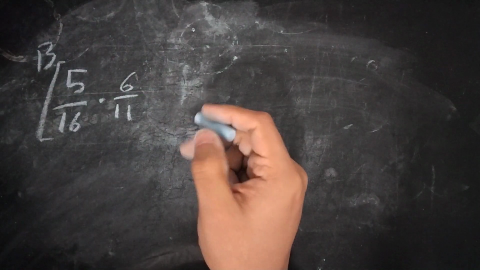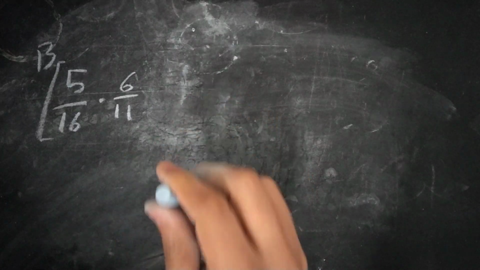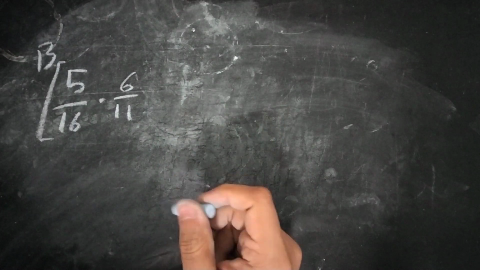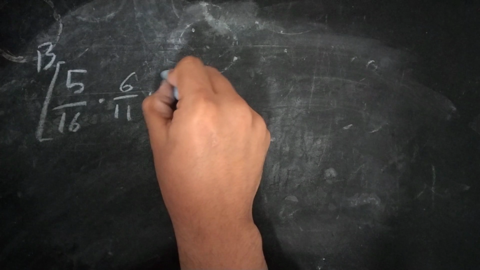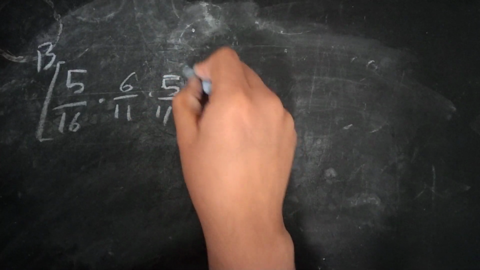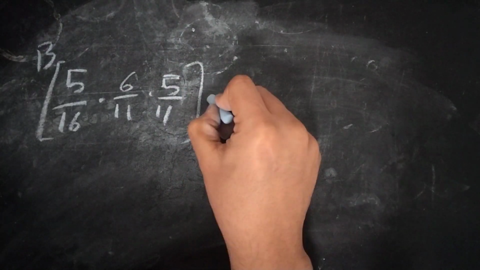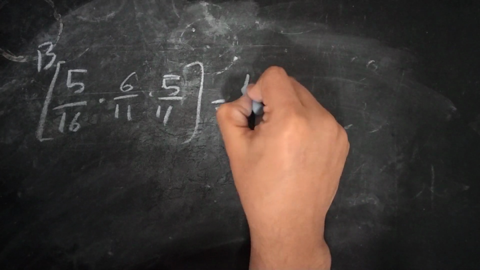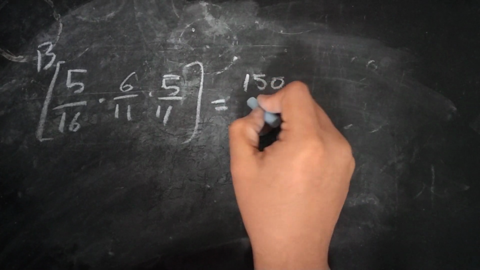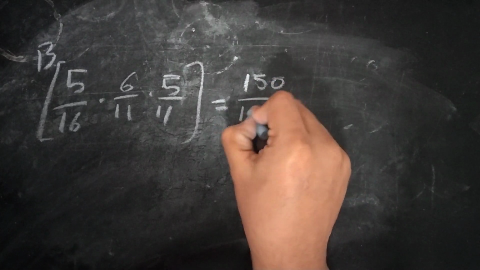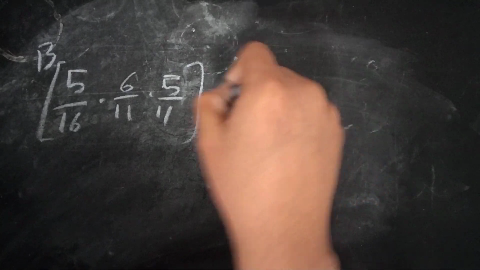And then it asks you for an 8 before you get your second 7, which is just 5 over 11. And you multiply this out. That's 150 on the top over 1936.